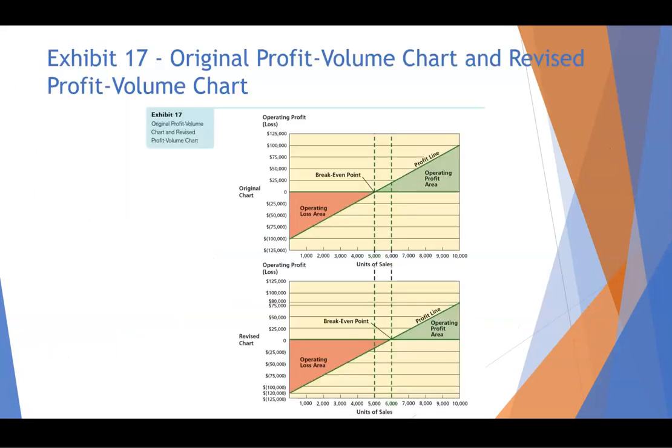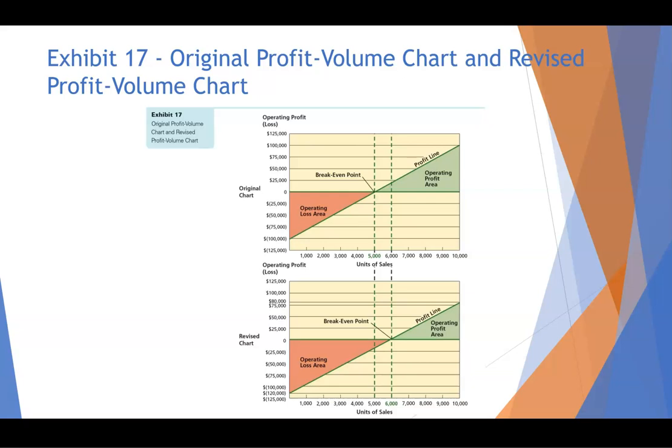So as you see here, the original and the revised profit-volume charts for Munoz are shown. The revised profit-volume chart indicates that the break-even point for Munoz is 6,000 units of sales. This is the $300,000, the 6,000 units at $50.